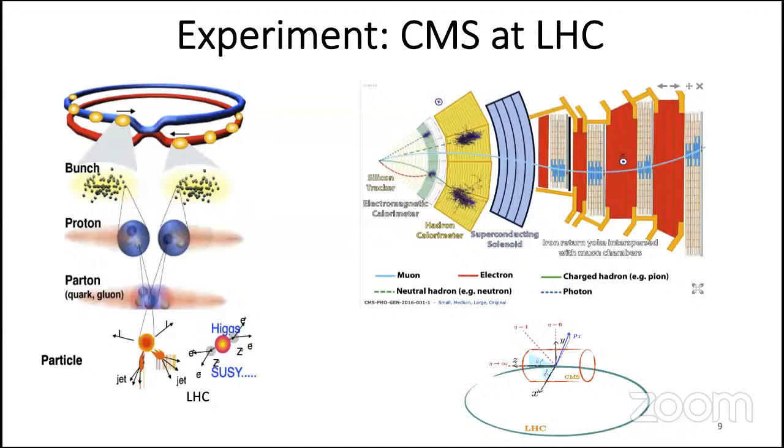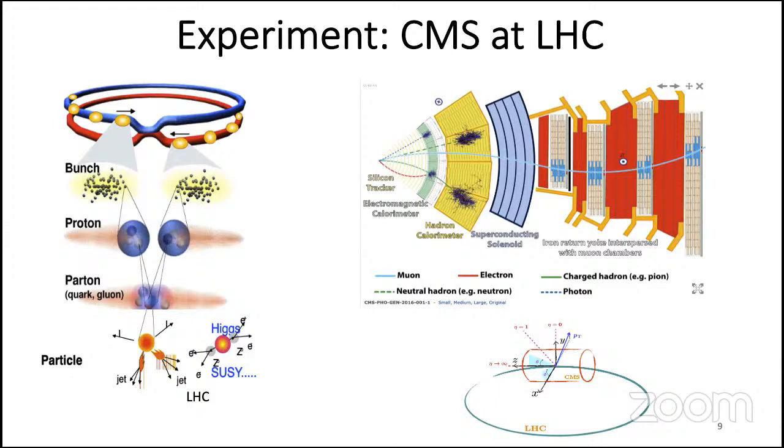Everything starts at the LHC, where bunches of protons circulate in different beams in opposite directions. They meet at the point of collision where CMS is located, and they collide. After the collision, the newly created particles leave signals through the detector.